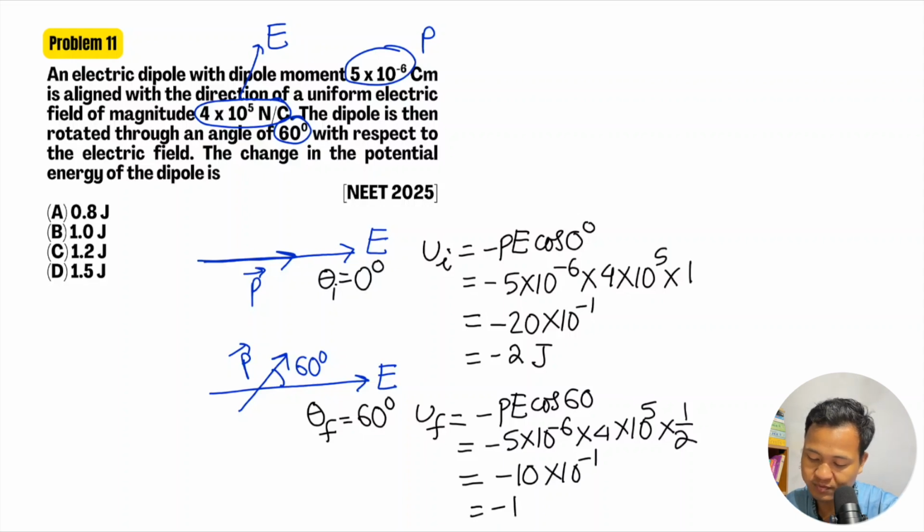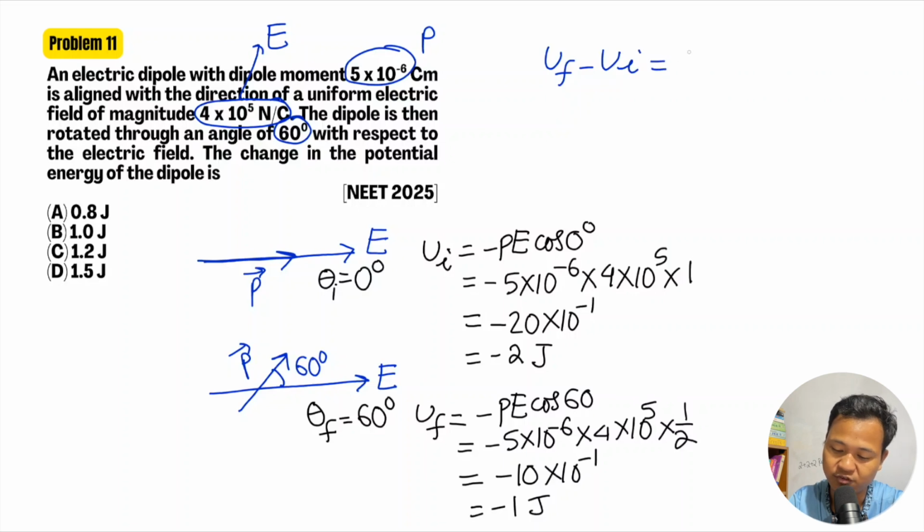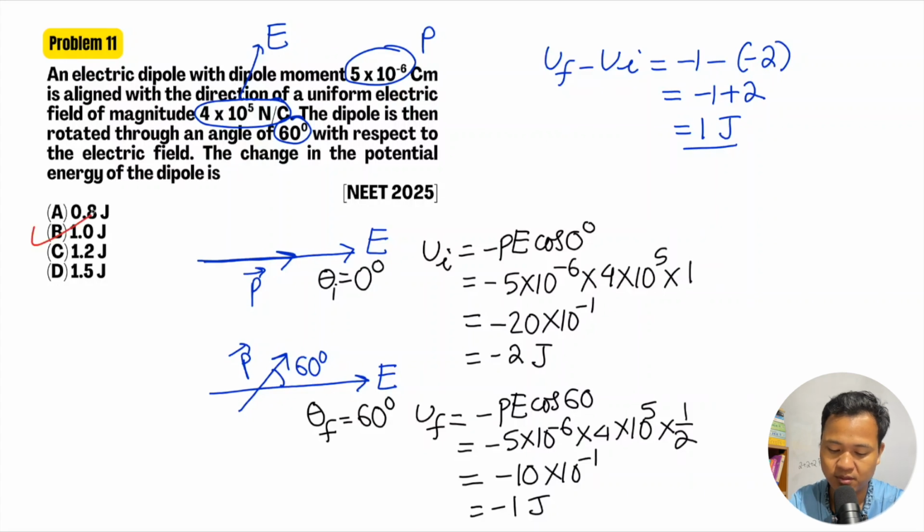For 2 into 5 is 10. Now the change is U final minus U initial, which is minus 1 minus minus 2. So that means minus 1 plus 2, which is 1 joule. Okay, the answer is 1 joule.